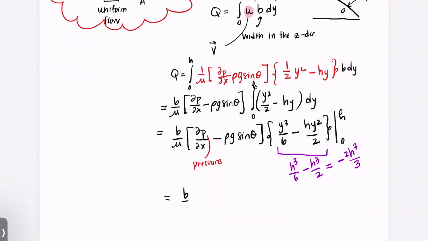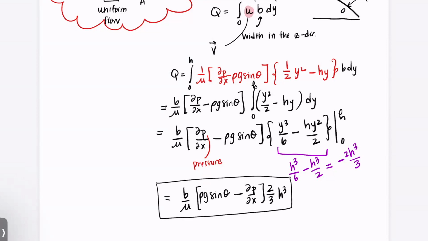So I have b over mu times rho g sine theta. So I'm going to swap these two terms because I picked up a minus sign. Minus partial p partial x. And then I have 2/3 h cubed. All right.